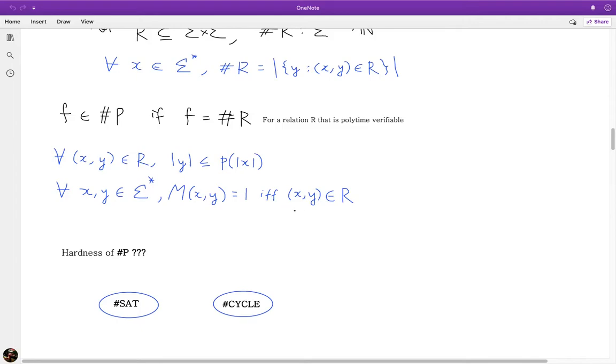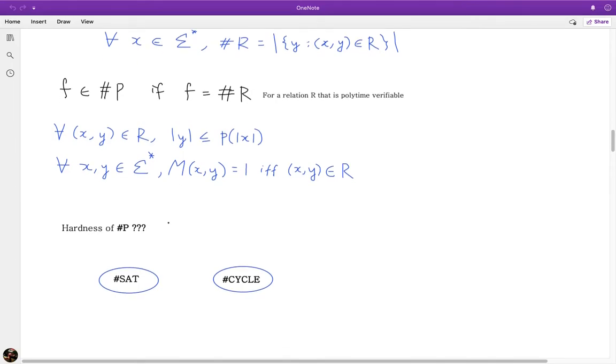It contains only the tuples x, y. If we have a Turing machine M which takes these two and gives 1, it's like a polytime verifier where x is the input and y is the certificate, and we get 1 because it is accepting the certificate and it is a valid solution with respect to x. So these are the two conditions for the relation R.